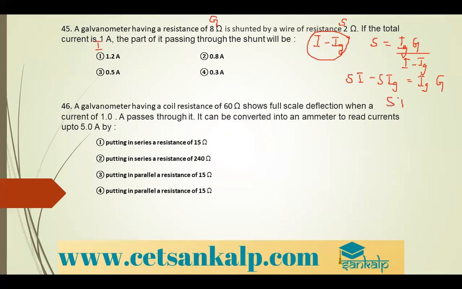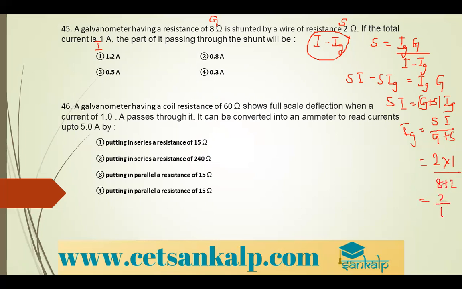So IG is equal to SI divided by G plus S. So S is 2, I is 1, so 2 into 1 divided by 8 plus 2.